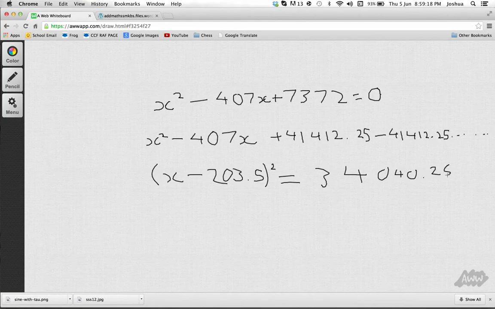If we root this number, we will get 184.5, and that's going to be equal to x minus 203.5. If you add 203.5 to that number, the one solution of x is going to be 388.